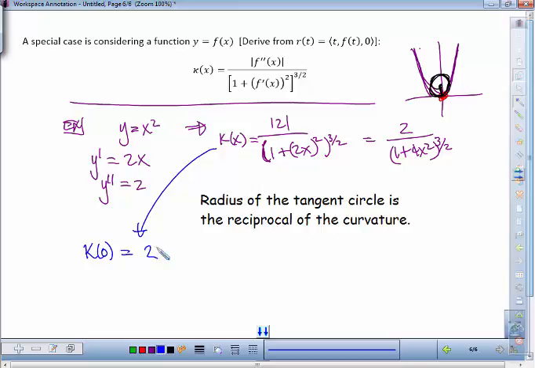So that's going to be the curvature of the parabola at 0. Which means a tangent circle has radius 1/2 at the origin.